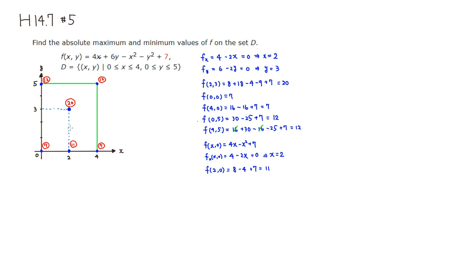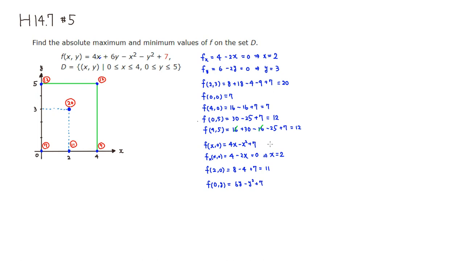Let's look at this along the y-axis, which means that x is equal to 0. So I'm going to say f of 0 comma y. Since x is 0, you're going to get 6y minus y squared plus 7.